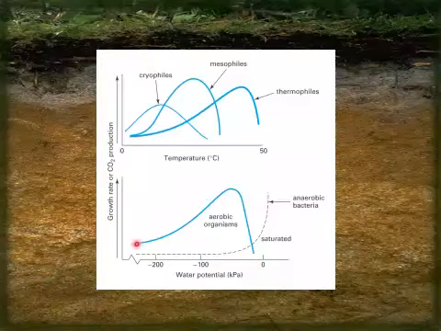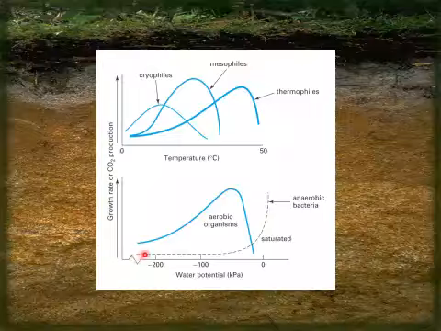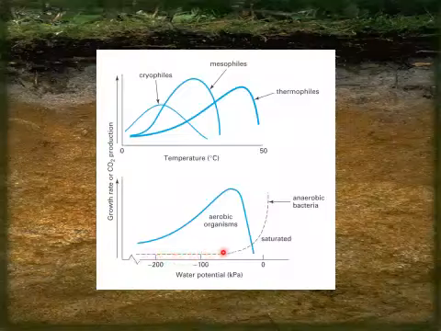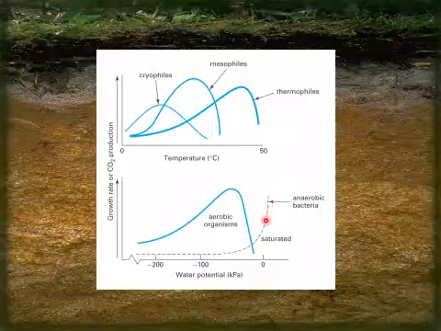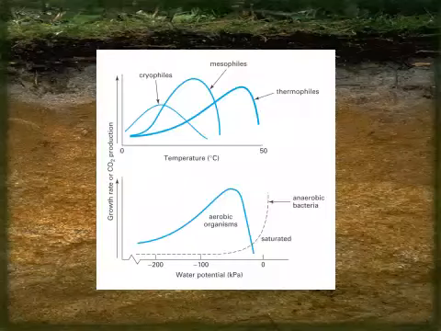And so the aerobic organisms, they like things to be fairly moist, but not too wet. Okay? They also don't like it when things get too dry. Whereas these anaerobic guys, if the soil is really dry, they're not doing anything. But once the soil gets saturated, then bam, they start to put off a lot of CO2 and they're doing well. So those are the anaerobic bacteria.